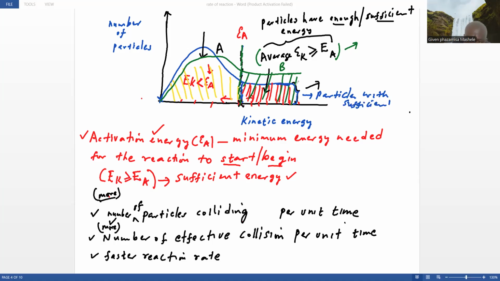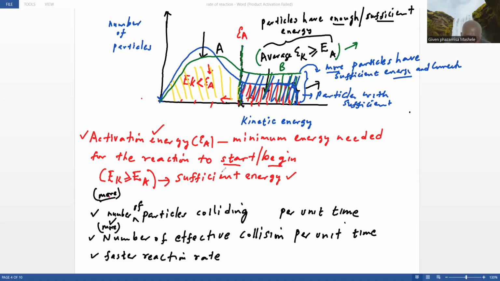But if we compare this area and that for B, you'll see that the area for B is higher than that of A, which means for B, more particles have sufficient energy and correct orientation as compared to A.